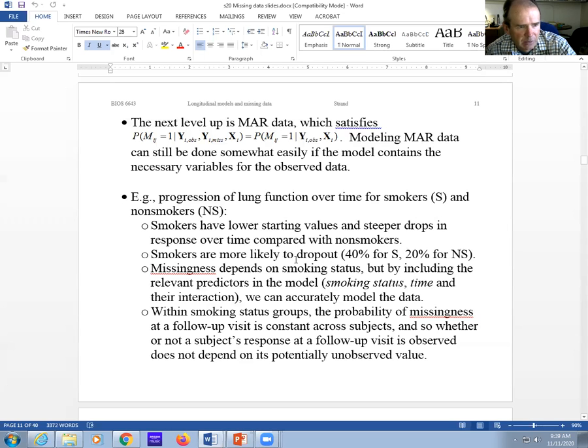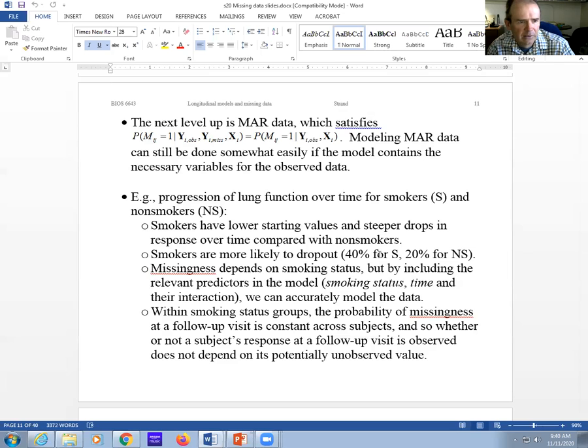Also, let's say that the smokers are more likely to drop out. So if we have, let's say, 40% dropout over time for the smokers and 20% for the non-smokers, it seems like that might cause a problem. But if you put in smoking status and then smoking status by time, essentially what we're doing is focusing our estimates within groups.